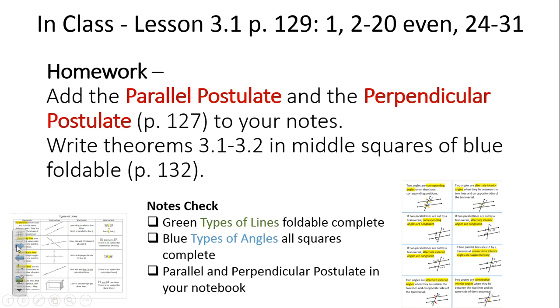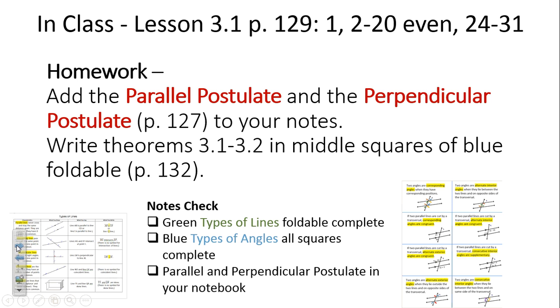And also, the theorems that are in the middle of this blue foldable are on page 132. So you can either get them from my blog or from page 132. And we're going to talk about parallel lines tomorrow and what they do to corresponding, consecutive interior, alternate exterior angles. Okay?